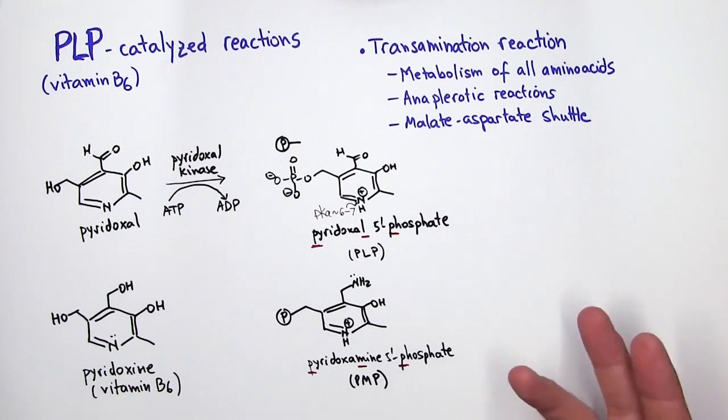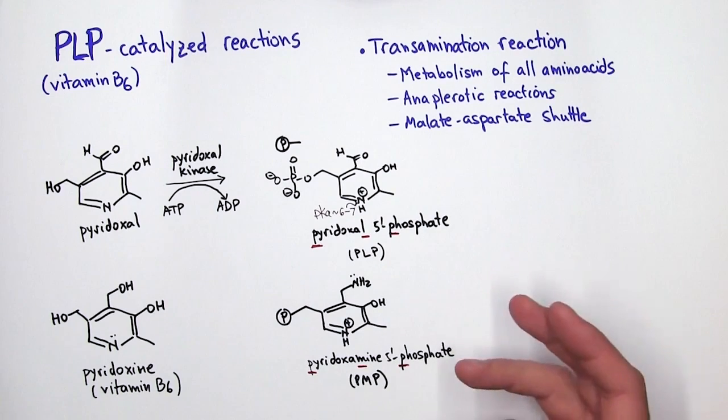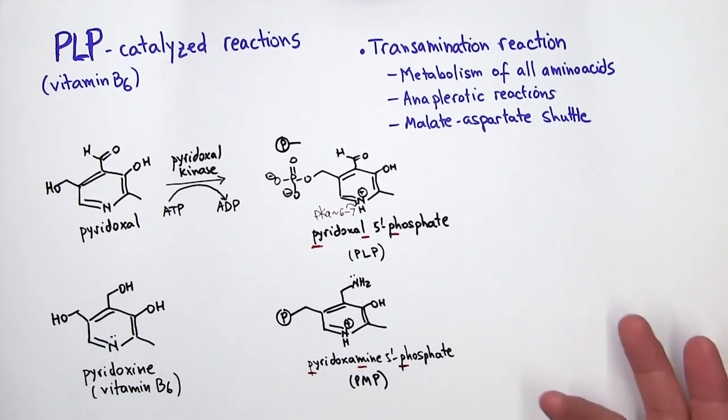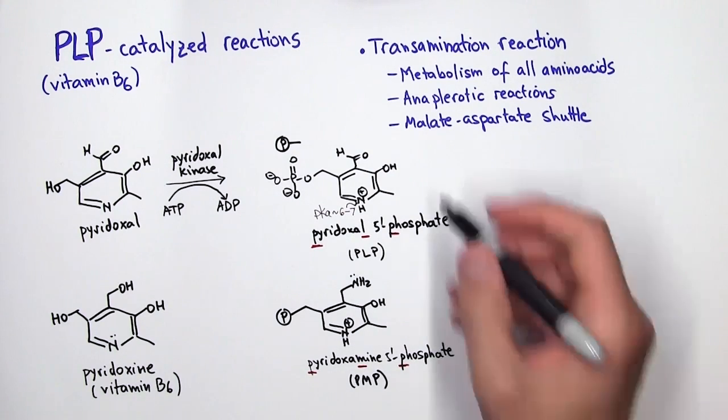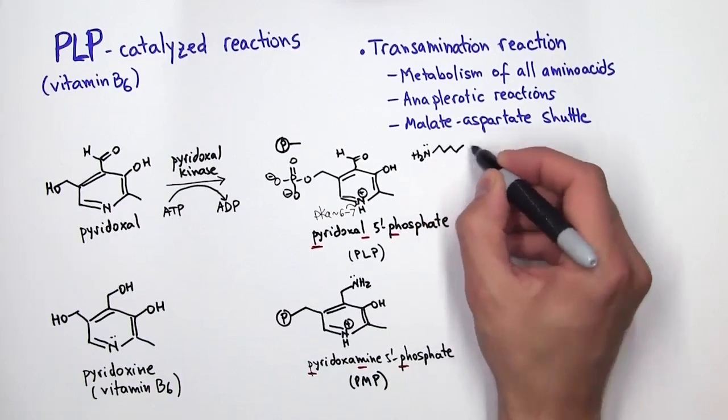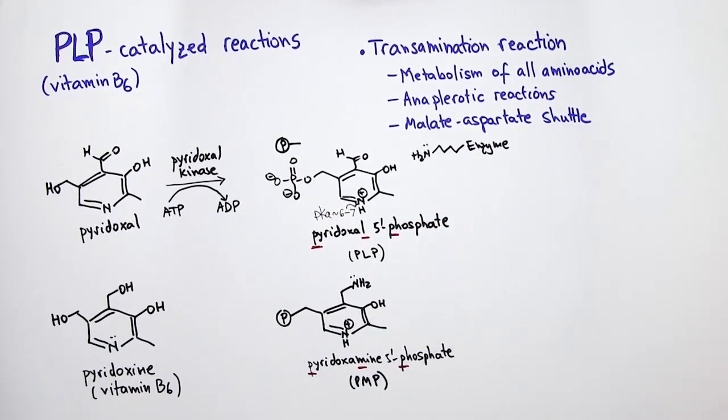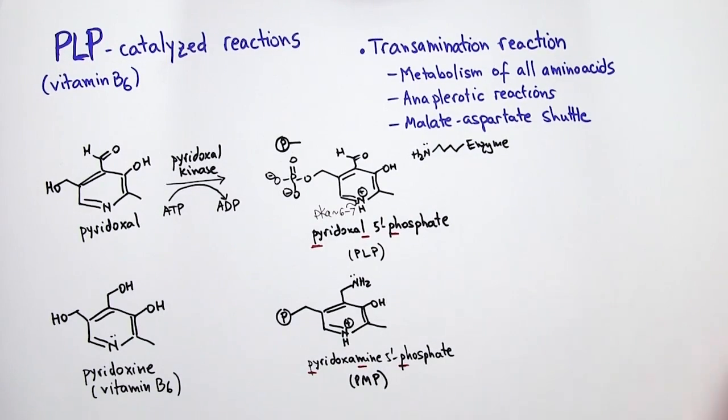Now, in all reactions with PLP, this cofactor is actually covalently bound to the enzyme that uses it. Typically, there's a lysine in the active site of the enzyme. As you remember, lysine has an amine group, and this can form a Schiff base with the aldehyde. The reaction proceeds in two steps.